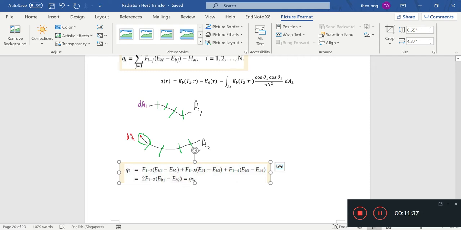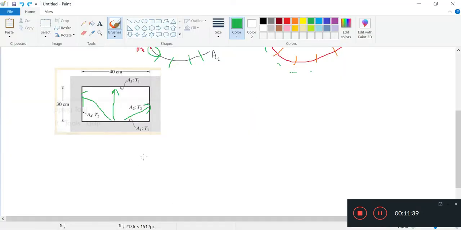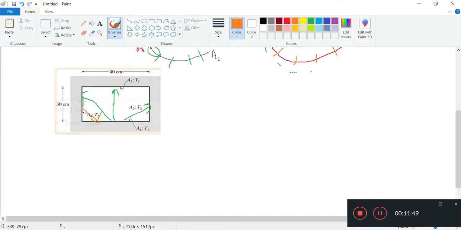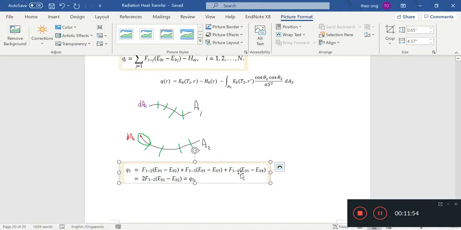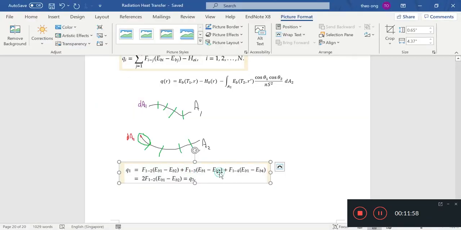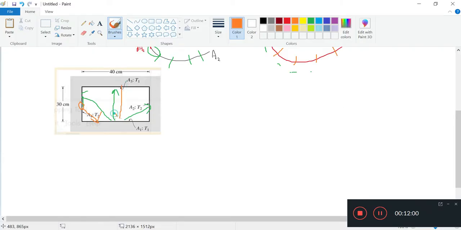And then what else? There's no external radiation, so we need to consider the radiation coming from here to here. That is F1 to 4 into EB4. So there is black body radiation being emitted from here to here. So F1 to 3 into EB3, that will be the radiation here from 3 to 1.